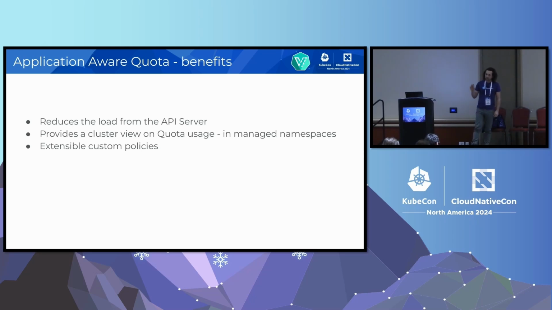Another benefit is that the API that comes with Application Aware Quota allows us to see a cluster-wide consumption of quota, something that we couldn't get with the traditional resource quota in Kubernetes, where we could see resources consumed only per specific namespace.